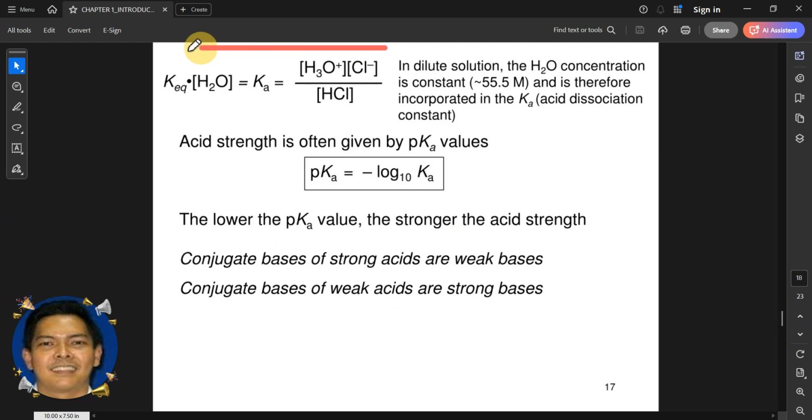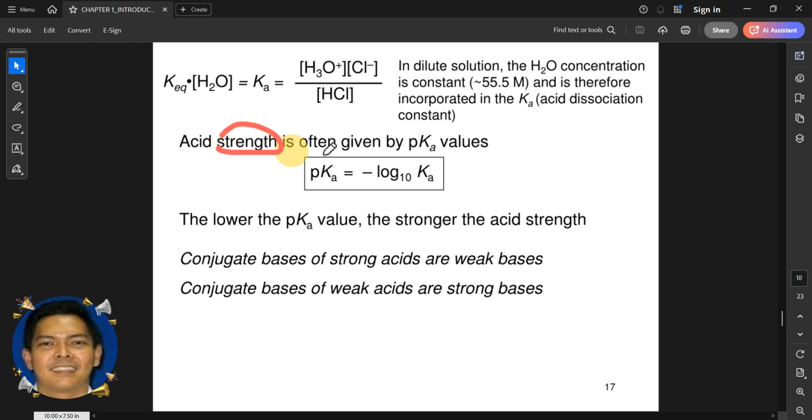In dilute solution, the H2O concentration is constant, equal to 5.5 molar, and is therefore incorporated in the acid dissociation constant.